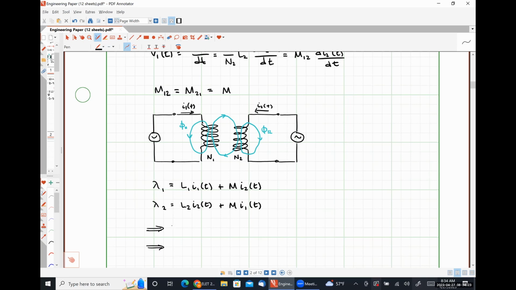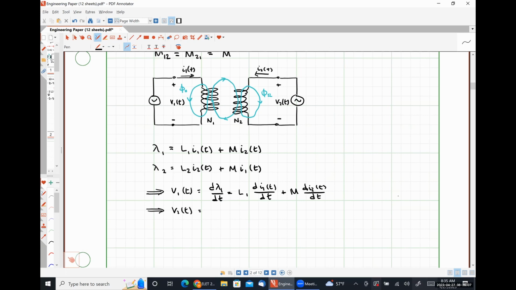These flux linkages are going to cause voltages V1 and V2 to be induced across their respective coils. So here is V1 with the correct polarity. Here is V2 with the correct polarity, where V1 is the derivative of flux linkage 1 with respect to time: L1 dI1/dt plus M dI2/dt.